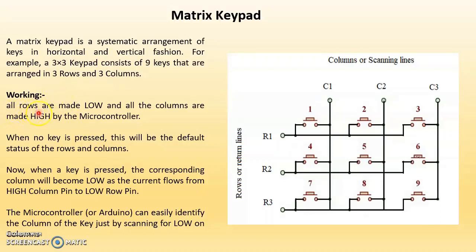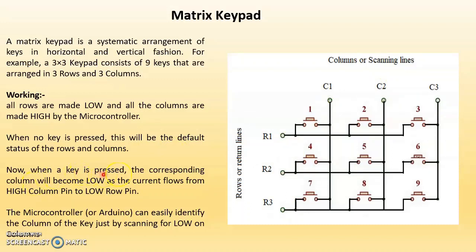First point, all rows are made low and all columns are made high with the help of the microcontroller. This can be done by sending signals using the microcontroller or Arduino. When no key is pressed, this will be the default status of rows and columns. That means rows will be at 0 and columns will be at high.